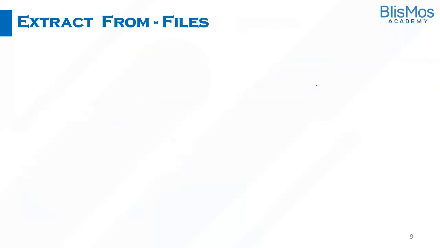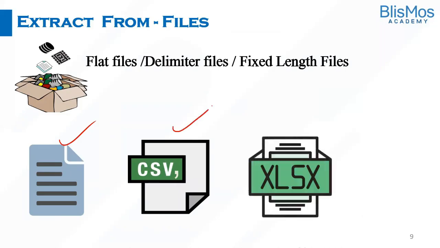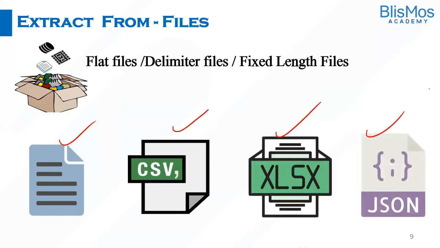And in terms of files, will we have only one type of file? No. Depending upon the project, depending upon the organization, we may have just a text file. We may have a comma separated file. We may have an Excel file. We may have a JSON file. So the extraction process is also very, very important.